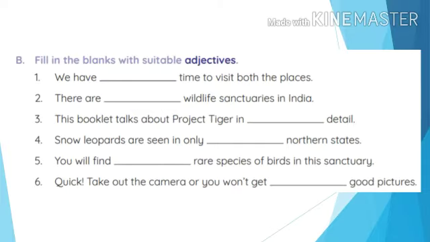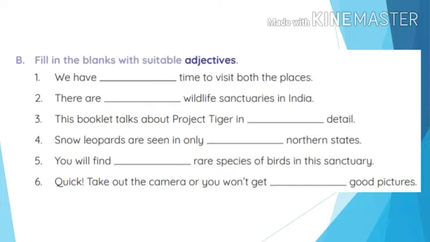Likewise, the other ones also. There are dash wildlife sanctuaries in India, you can use beautiful, wonderful. There are so many adjectives you can use, like beautiful, wonderful, all those are adjectives. Likewise, just go through the other sentences and prepare them. This booklet talks about Project Tiger in dash detail.